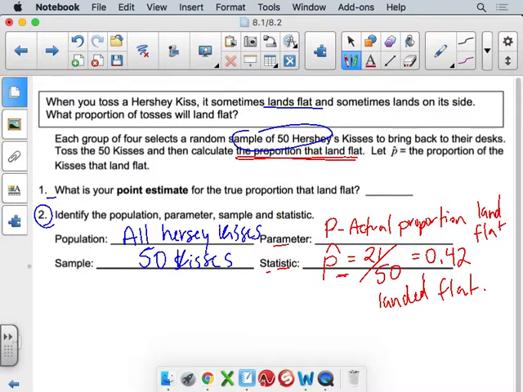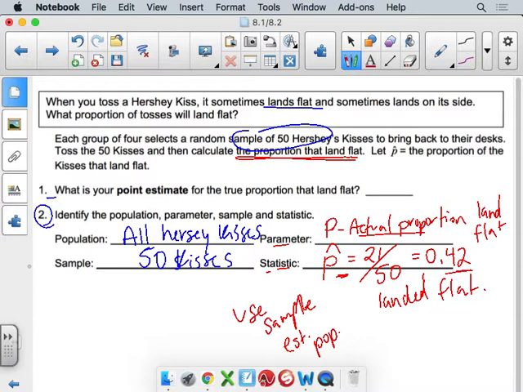So we use the sample to estimate the population. I have no idea how to get the actual proportion, so I'm going to use my sample of 42% to estimate the actual proportion of all Hershey Kisses of all time thrown on the ground that would land flat.